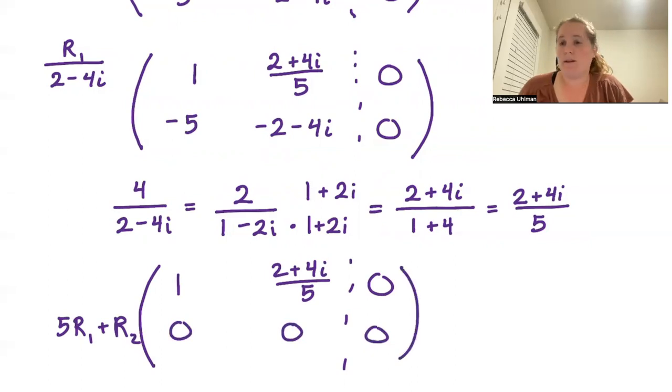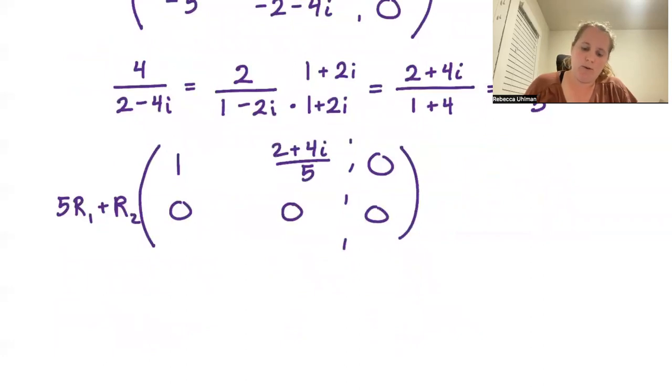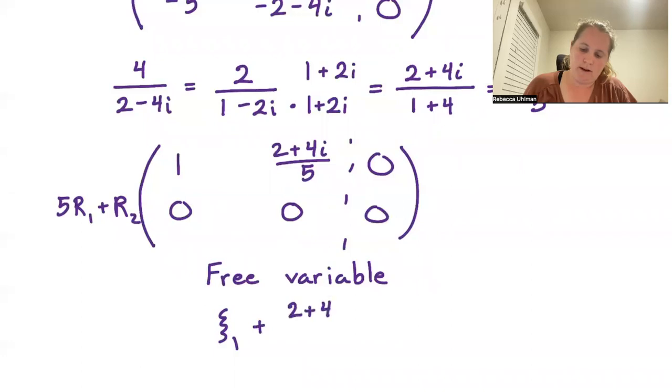So this is just a way to check that we did our arithmetic correctly. We do have a free variable. We have psi1 plus 2 plus 4i over 5 times psi2 equal to 0.